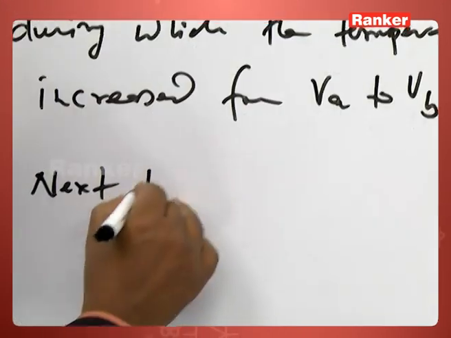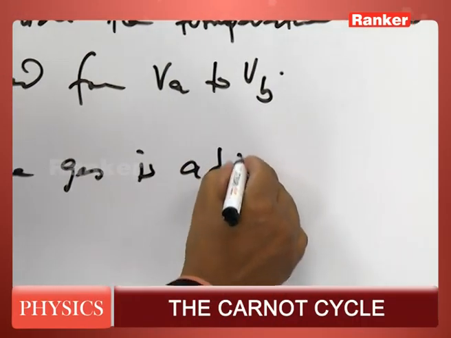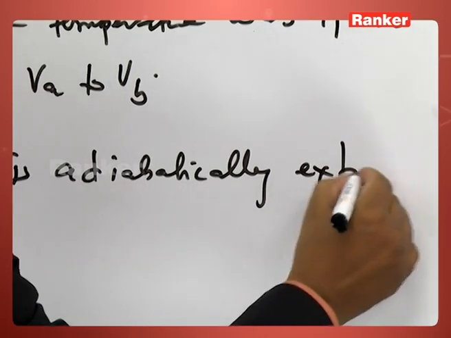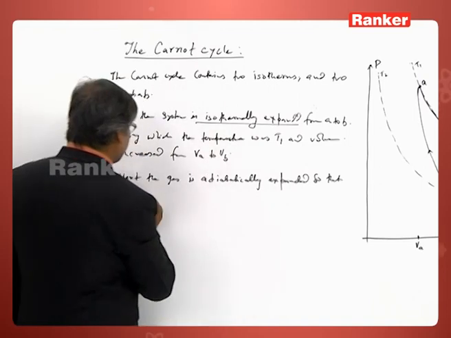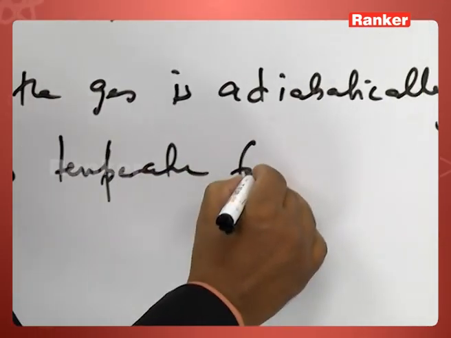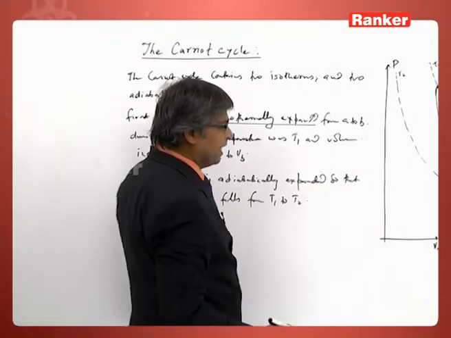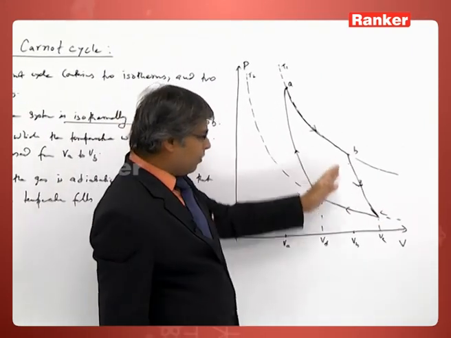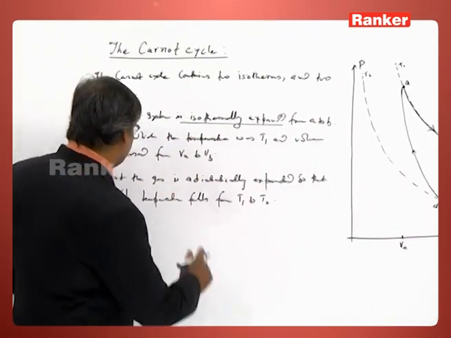Next, the gas is adiabatically expanded so that its temperature falls from T1 to T2, and thus during adiabatic expansion the volume expands to VC. So we have one isotherm, one adiabat.